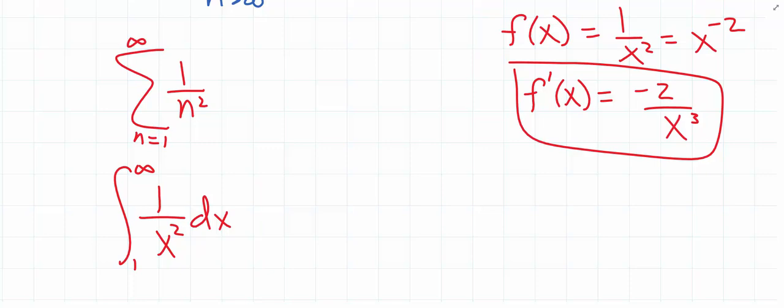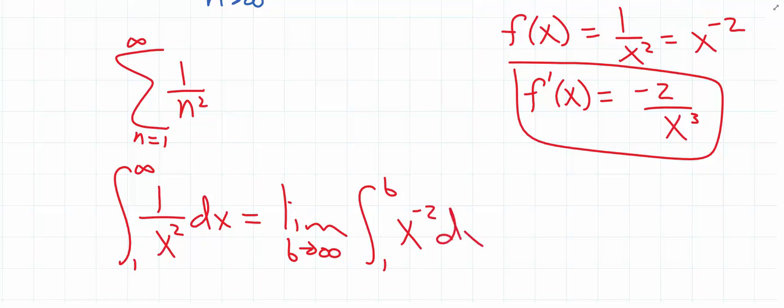So, okay, here's what I'm going to do. I'm going to go through the process that we use when we're evaluating an improper integral. Okay. And now I get the antiderivative. So I've got the limit as b goes to infinity of, let's see here, this is going to be -1 over x, right?